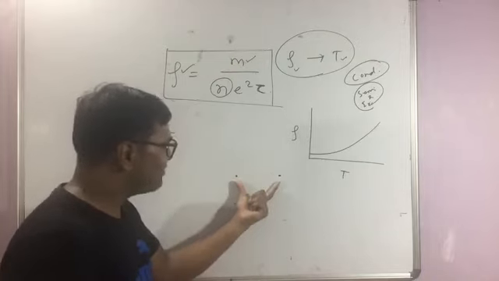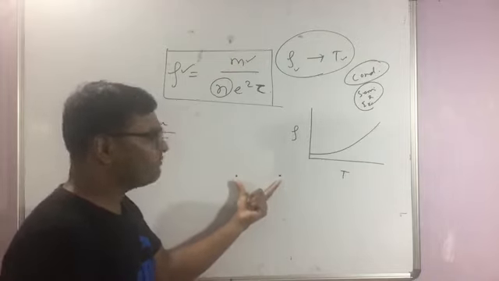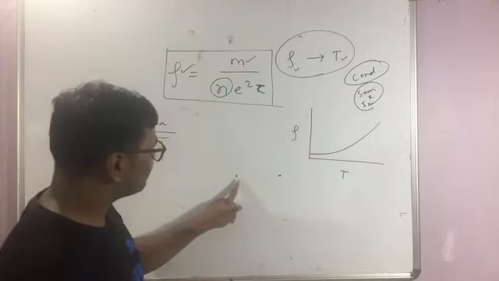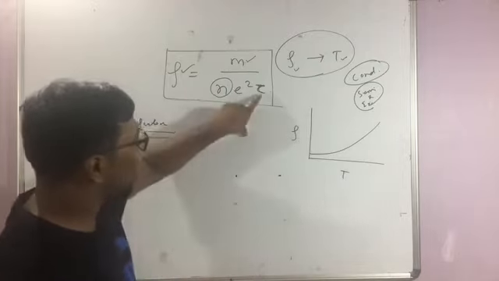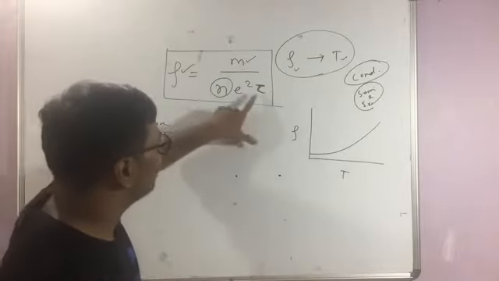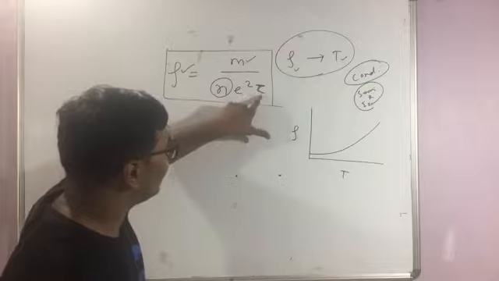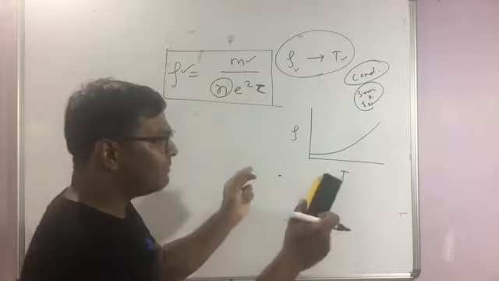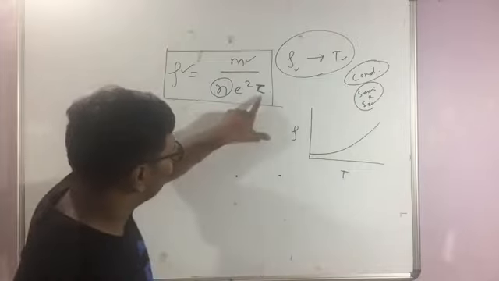This is the gap between two successive collisions. The time taken by an electron to reach from this point to this point is the relaxation time. So if you increase the temperature, the random motion of the electron increases, their thermal speed increases, and the collision time, called relaxation time, the time gap between two successive collisions, decreases.